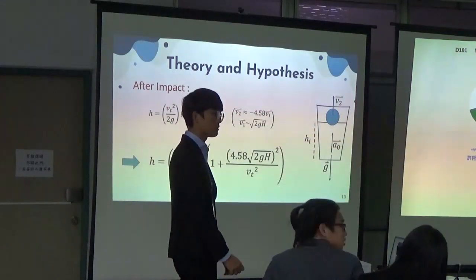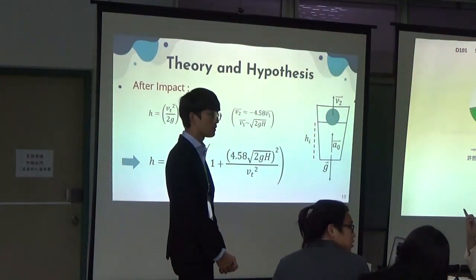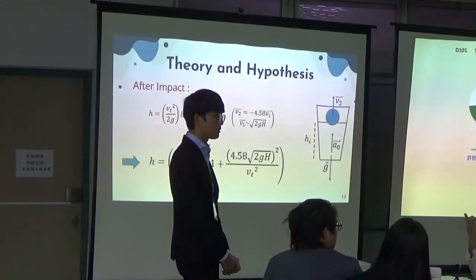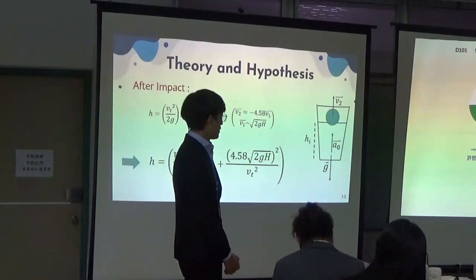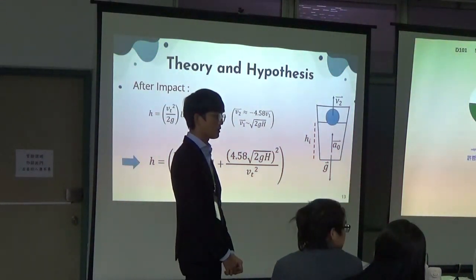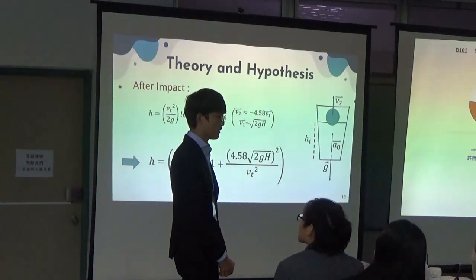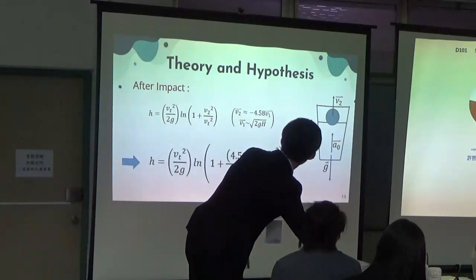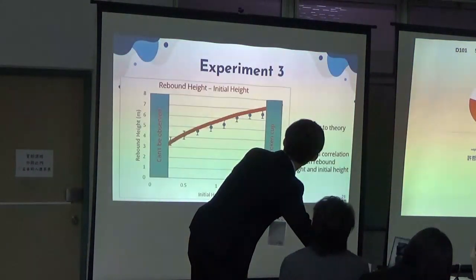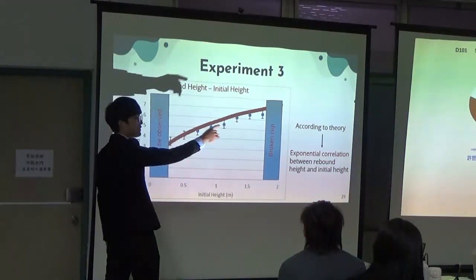Because you have an experiment. Your experiment told me that, for example, you initialize it and then you got, I remember, 6.5 meters, right? Yes. So in principle, you can calculate it. So did you? Well, if we put those values inside, the theory line looks like this, and because it's an exponential correlation of natural law.